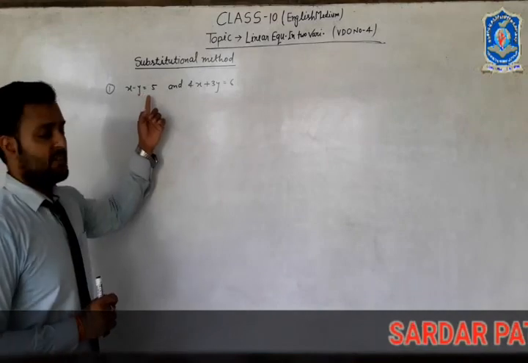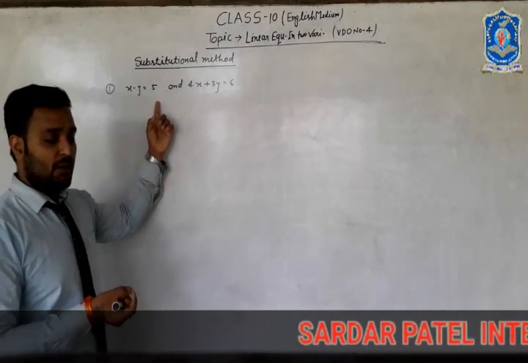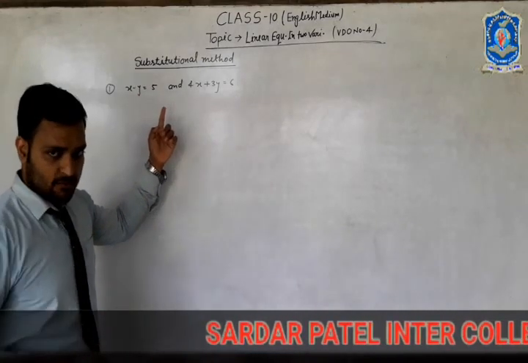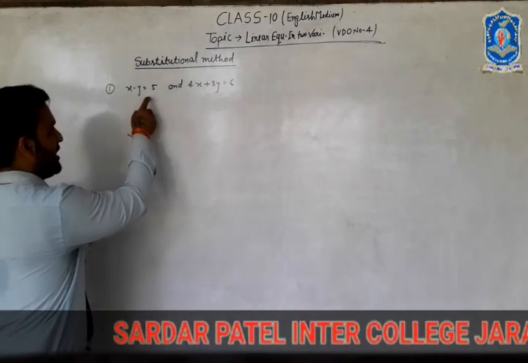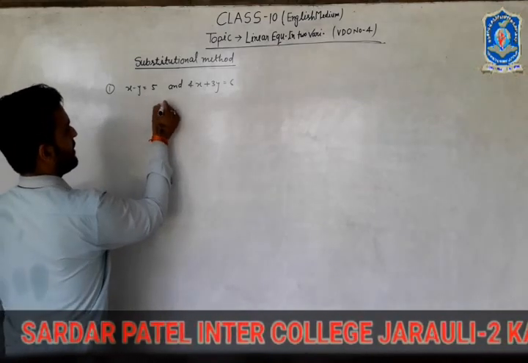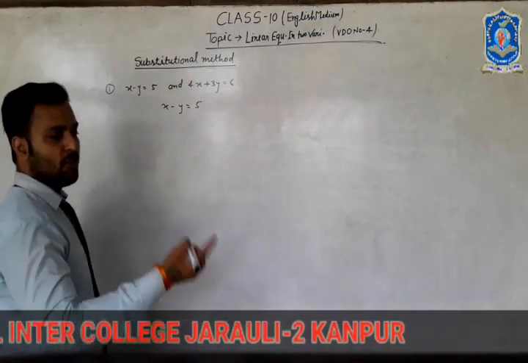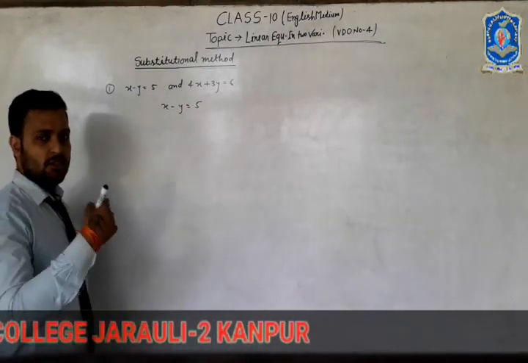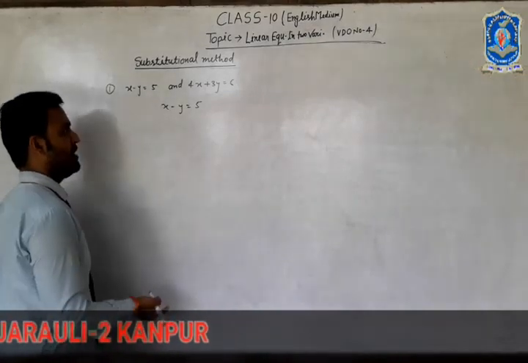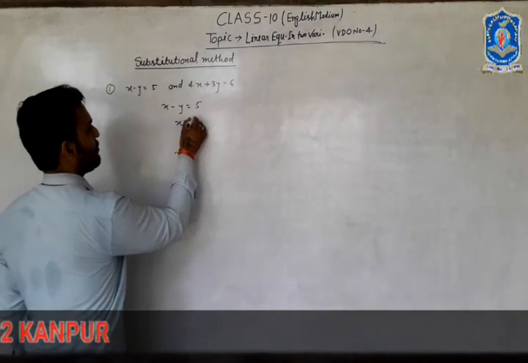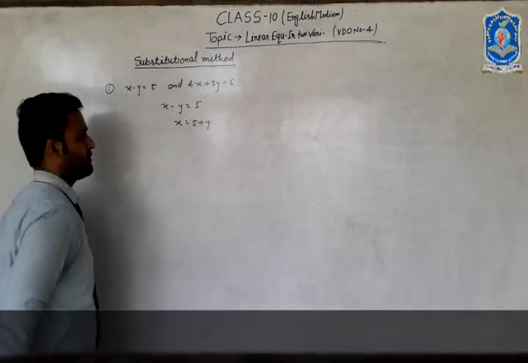I am taking the first equation, x minus y is equal to 5, and I find the value of x. So x is equal to 5 plus y.